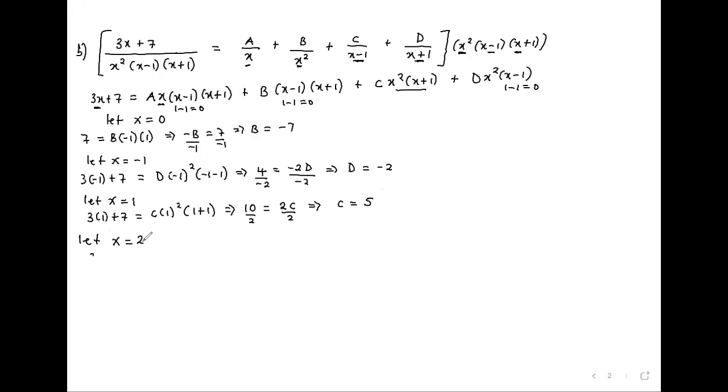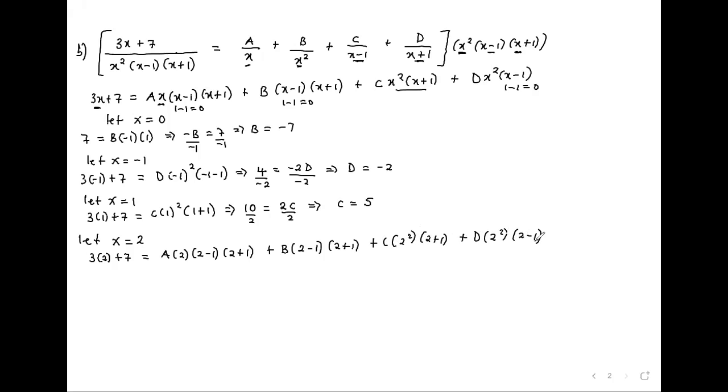And substitute. We have 3, 2 plus 7 is equal to a(2 minus 1)(2 plus 1) plus b(2 minus 1)(2 plus 1) plus c(2 squared)(2 plus 1) plus d(2 squared)(2 minus 1).